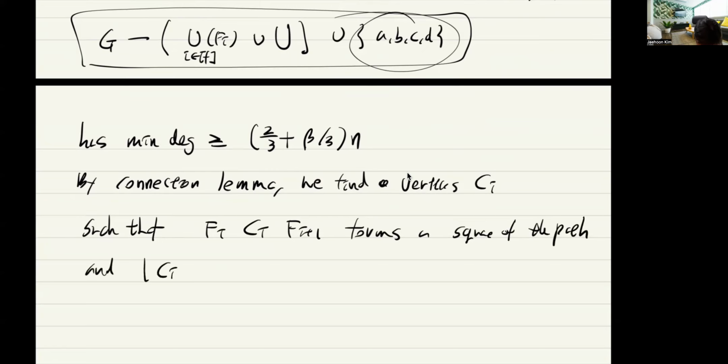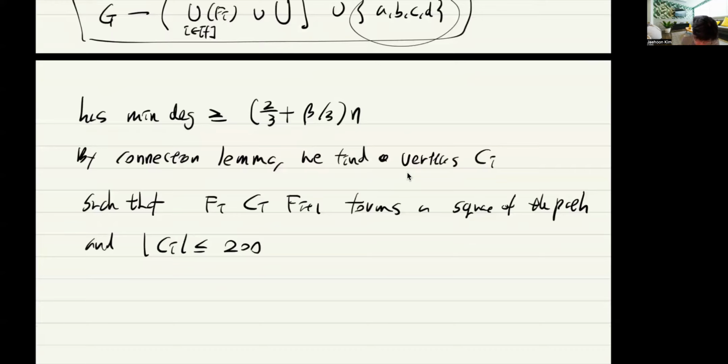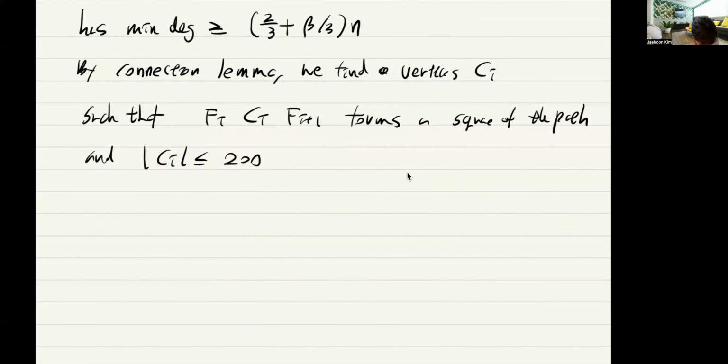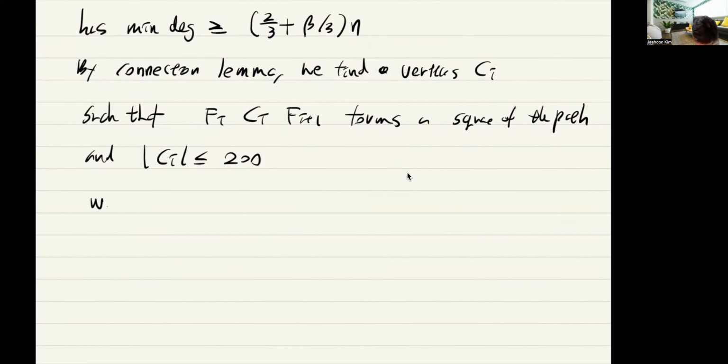And this is almost like 100, 4 times k cubed, and k is like 3 here. So maybe 200 to be safe. And then we add this Ci to U and repeat.